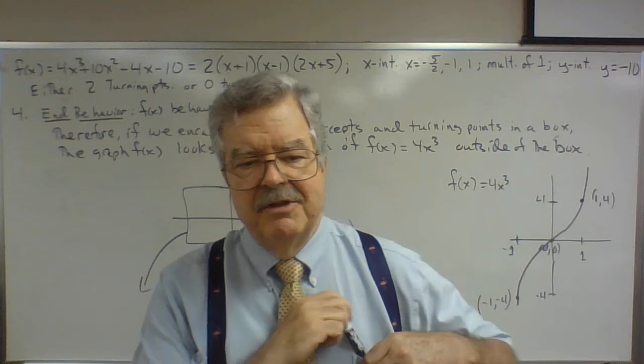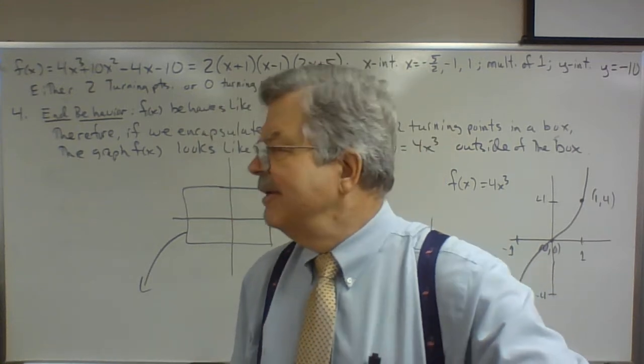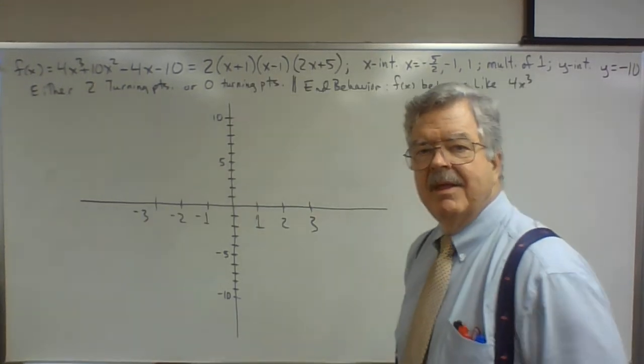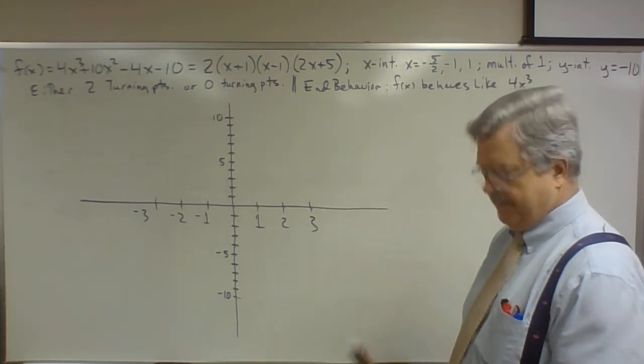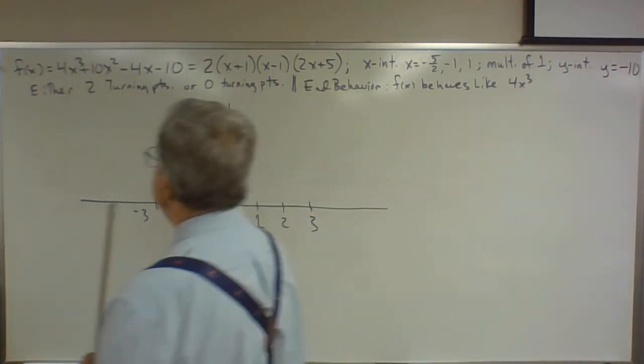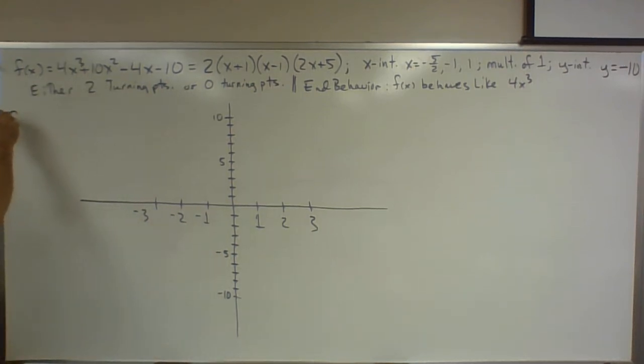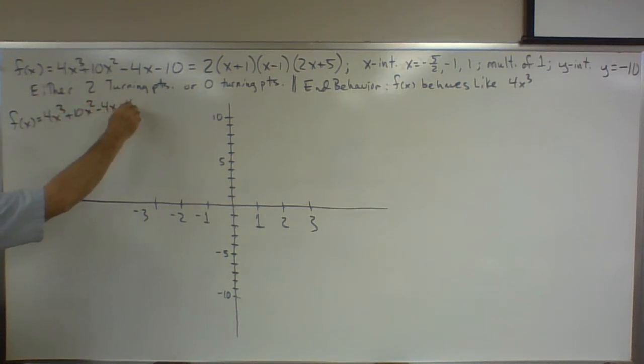Okay, we've milked this for all it's worth. Let's graph. Okay, let's graph this son of a gun. F of x equals 4x cubed plus 10x squared minus 4x minus 10.